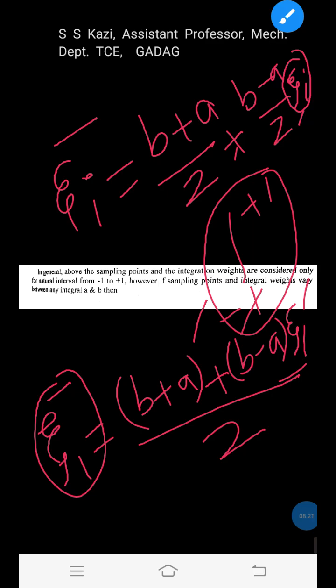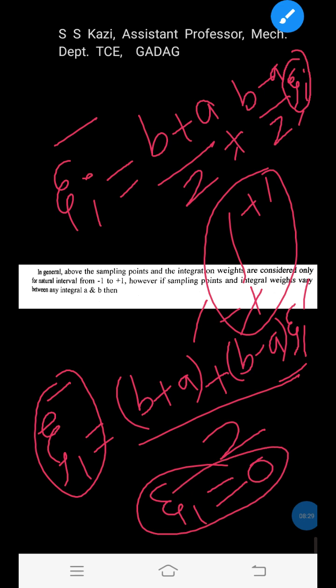If you are using the Gauss 1 point method, zeta 1 is equal to 0. That you already know, you just substitute here. If you are using the Gauss 2 point method, we require zeta 1 and zeta 2 values. For the Gauss 2 point method, zeta 1 is -1 by √3 and zeta 2 value is +1 by √3.